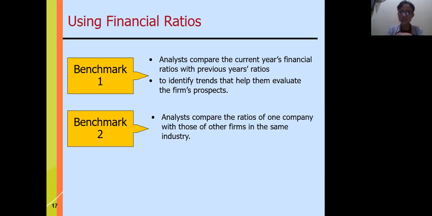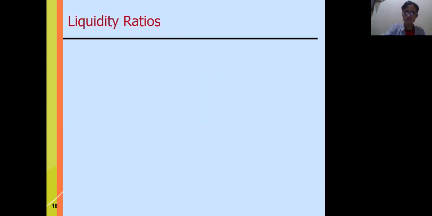So that's going to be intra-comparability, or the second, inter-comparability. So intra is within, inter is between organizations or entities in the same industry. Because remember, we cannot compare apples with oranges. If we compare apples to apples, then we are talking about belonging to the same industry.